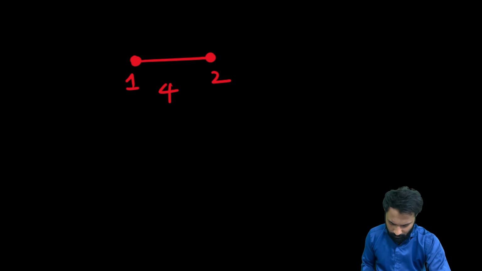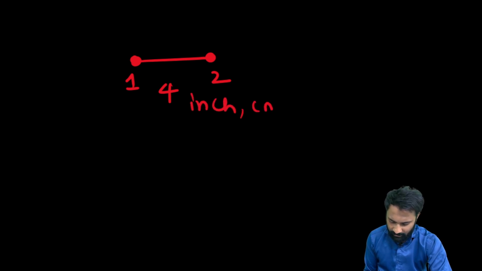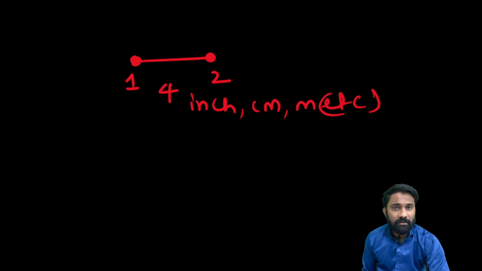There should be some unit, either inch, centimeter or meter, etc. If there is a unit, we can define it. So we can say that the distance between these two points is 1 centimeter or 1 meter or 1 inch. For that, we have units.